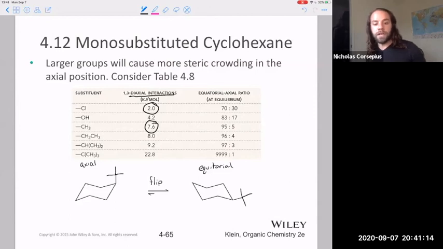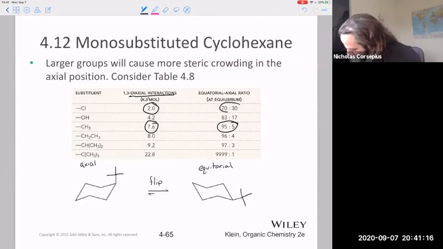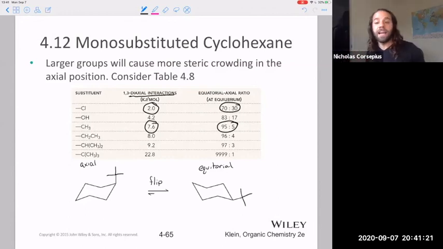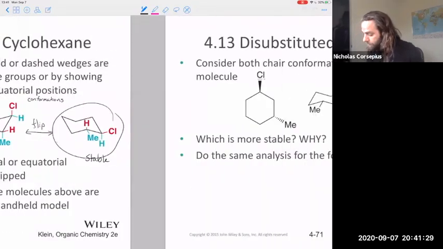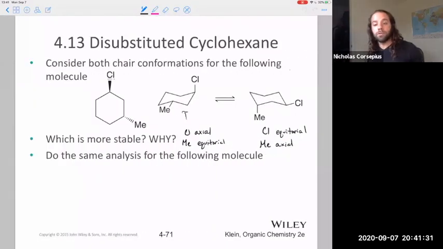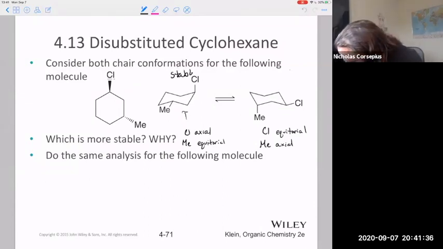You can see this in the ratio as well: it's 70-30 equatorial to axial for chlorine and 95-5 for methyl. So the methyl group really doesn't want to be in that axial position. The chlorine doesn't love it, but bottom line, if the problem is asking which is going to be more stable, it's the one where the methyl group gets to be in the equatorial position.